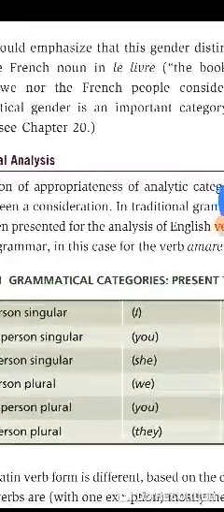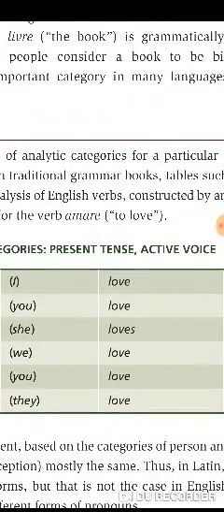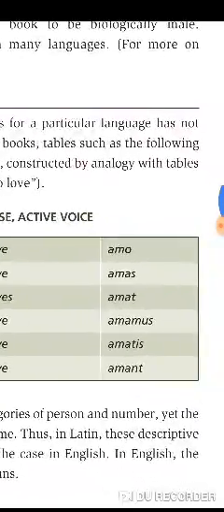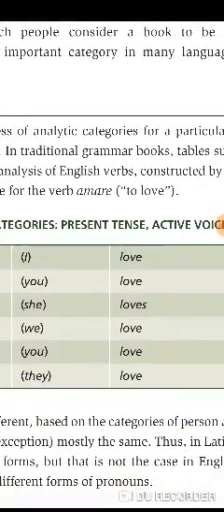What does it mean? I, you, she, we, you, or they. Now look here. We say, I love, you love, she or he loves, we love, you love, and they love. As you see, here is the English, and English only adds one thing, s, to the end.